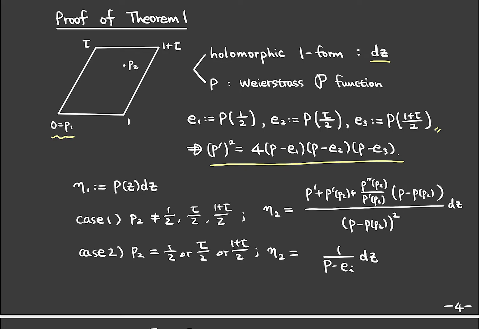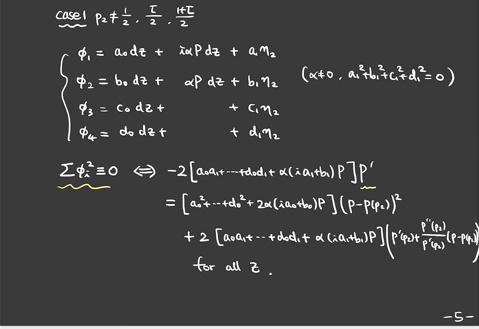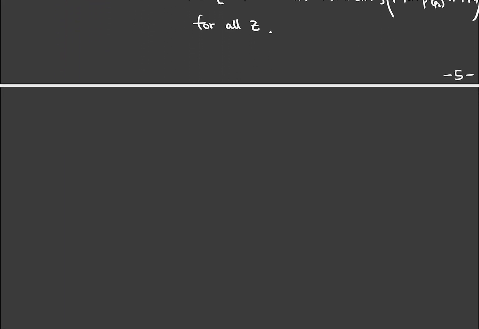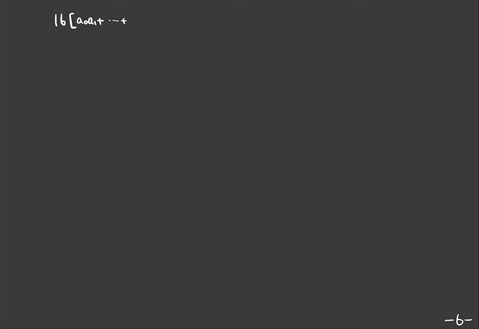So by squaring both sides here and applying that relation, it follows that this, squared, P minus e1, P minus e2, P minus e3 is equal to this.